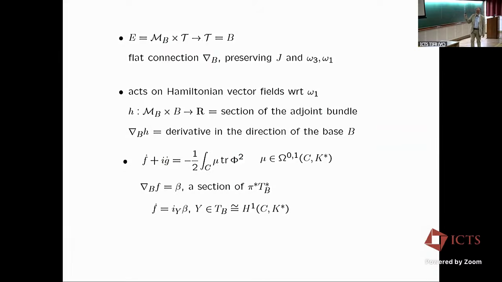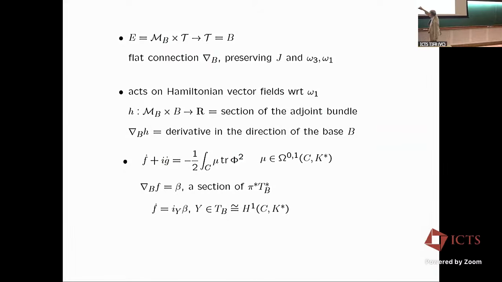So I'm afraid that's my convention. So what did we do yesterday? We calculated what I called f dot, which was the variation in f as we go in a tangent direction in Teichmüller space, and that turned out to involve the quadratic term in the integrable system. And so we had mu representing a class in a direction in Teichmüller space.